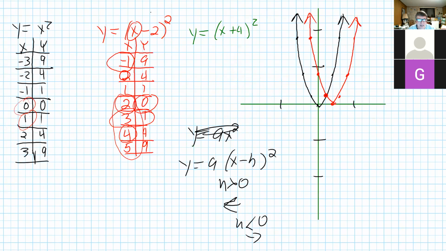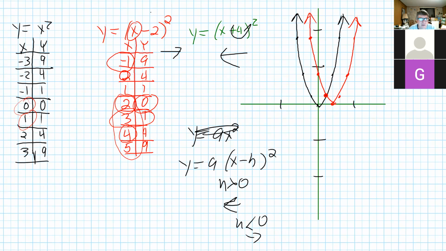But here, it's kind of the inverse of what you'd expect. X minus 2 went 2 to the right. X plus 4 went 4 to the left. So where does that put us?